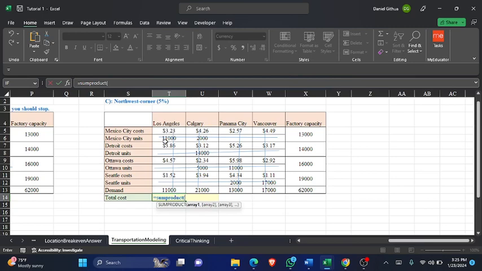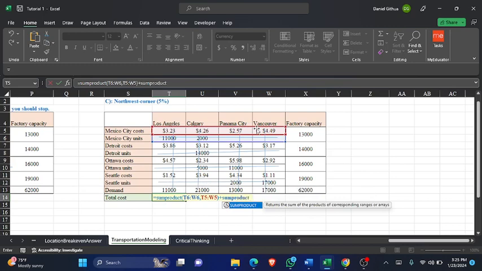of this, all of it and its cost, plus sum product of this other one and its units, plus sum product of this other cost and its units.